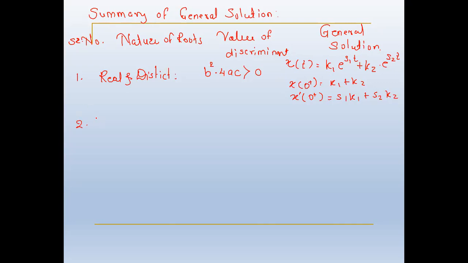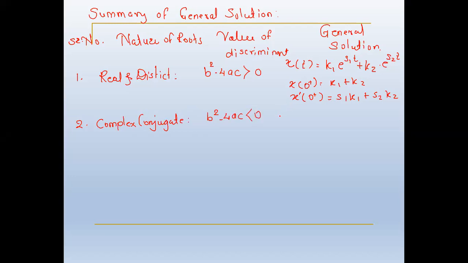Second, if the roots are complex conjugate, then b squared minus 4ac is less than 0.